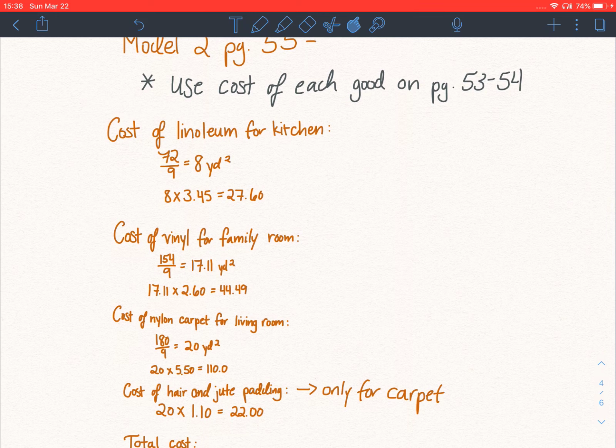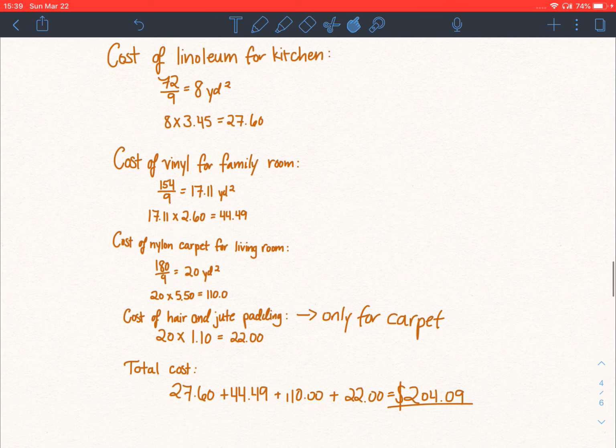So let's figure out the cost of linoleum for a kitchen. You're going to take the 72 feet squared and divide it by 9 in order to create the yard. So that's going to be 8 yards. And then you'll multiply the 8 yards by the $3.45, which is the cost for linoleum per square yard. And then we have the cost of vinyl for the family room.